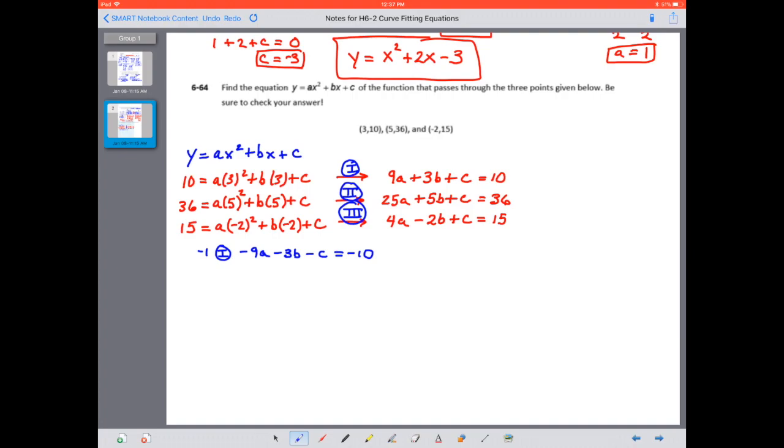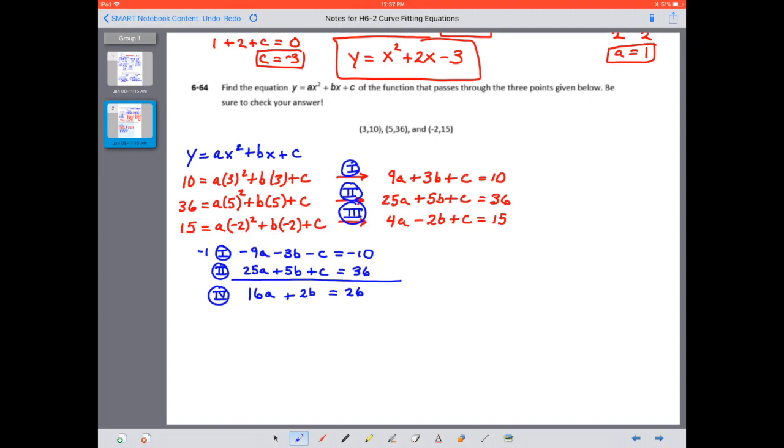And I'll do that one with equation 2. It's 25a plus 5b plus c equals 36. And when we eliminate, we should have 16a plus 2b equals 26. We'll call that equation 4.